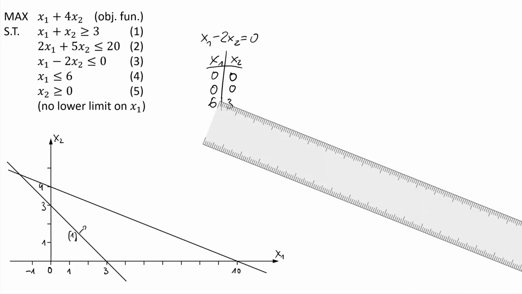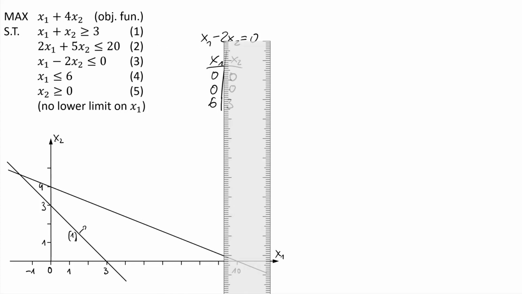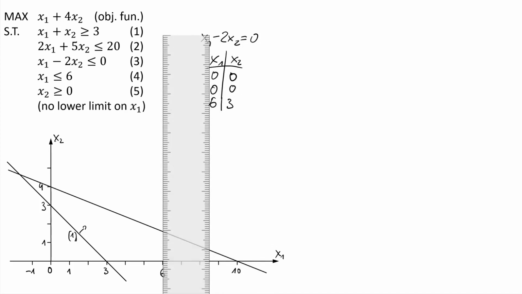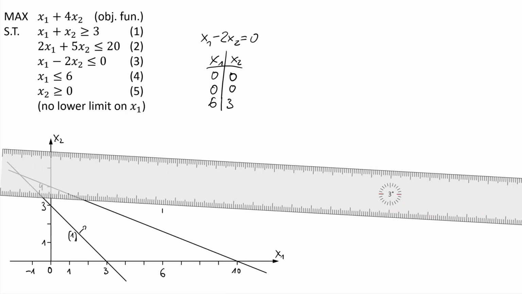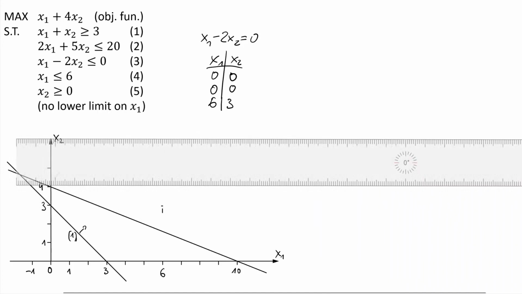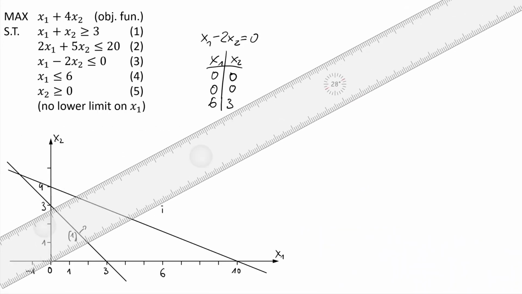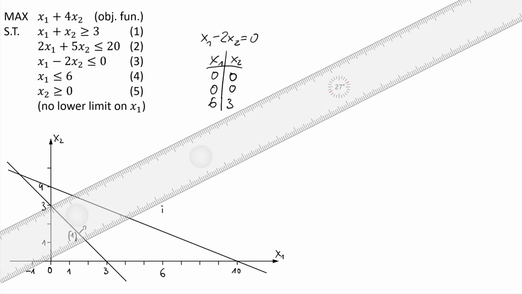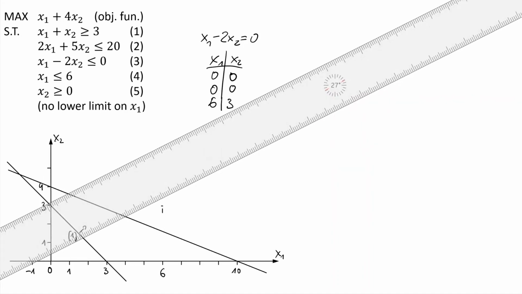I need a line that goes through 0, 0, and through point 6, 3.